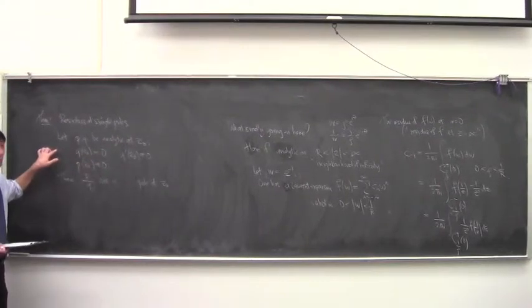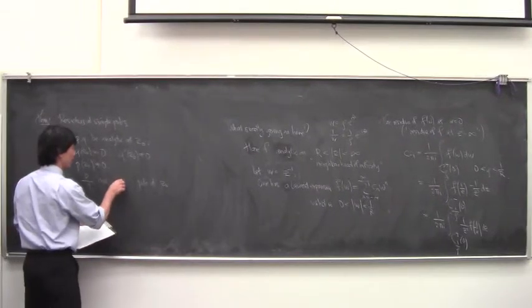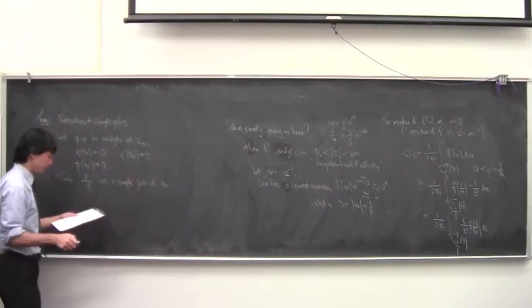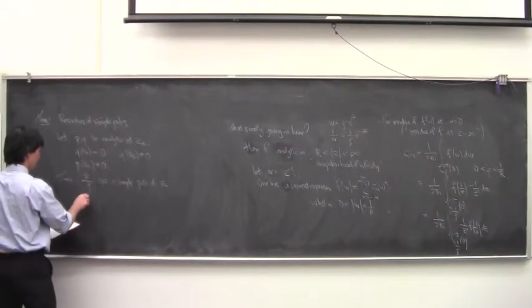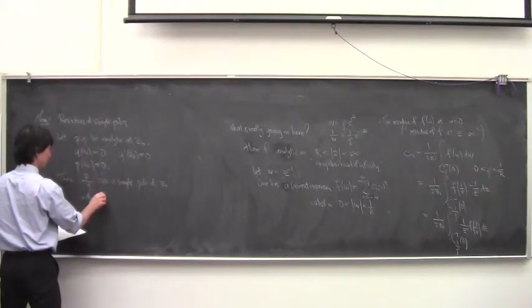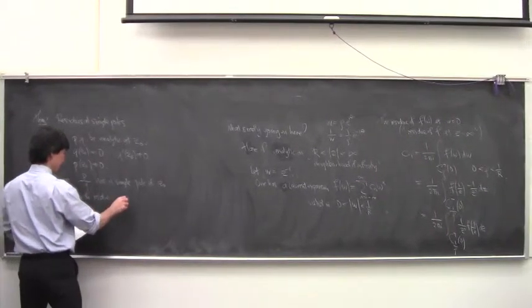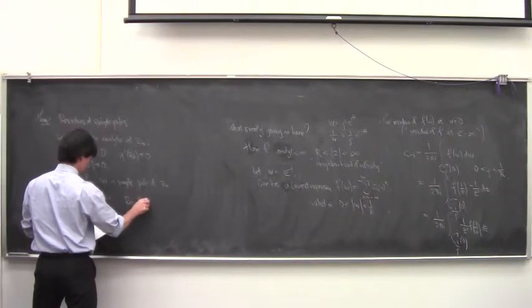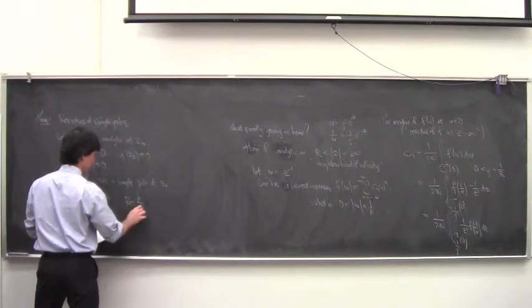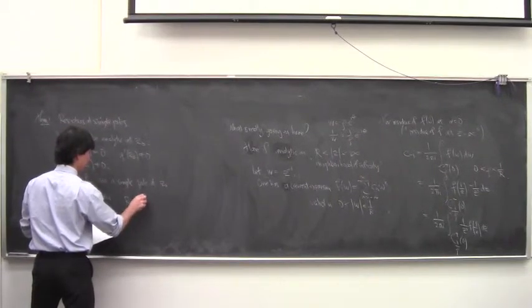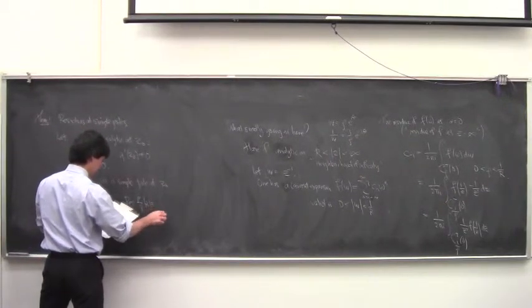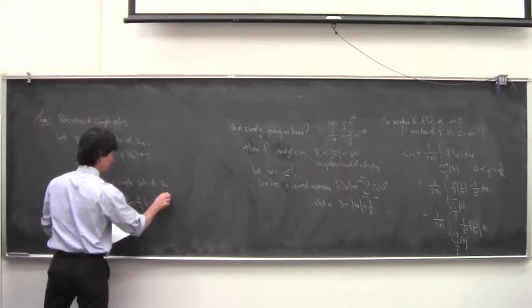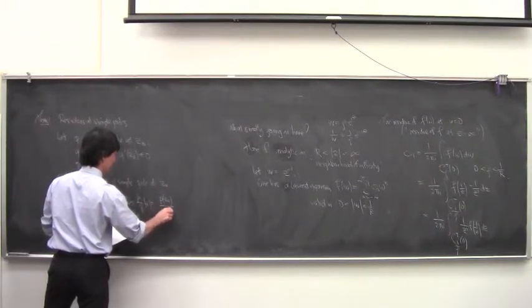So you've got something without a 0 and something with a simple 0. You take the quotient. This thing is going to have a simple pole with residue equaling p of z naught over q prime of z naught.